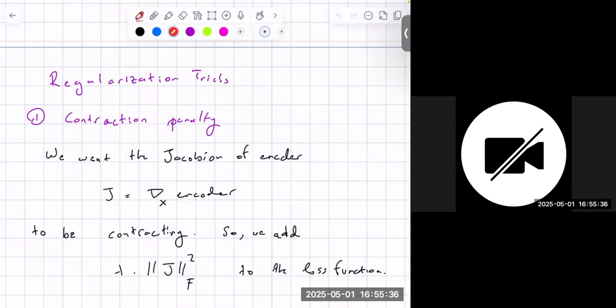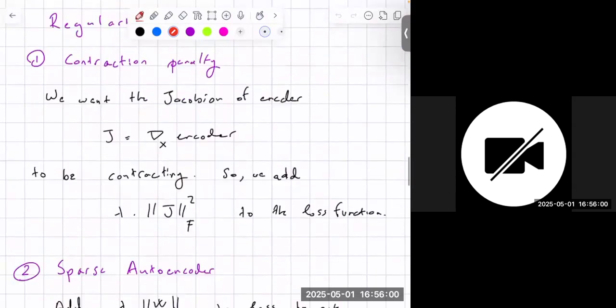Your encoder is a neural net, so the first matrix that comes to mind is the gradient. You'll have a Jacobian matrix, and that's exactly what you penalize. And this is already computed by your architecture, so it doesn't give you extra computational overhead. This turns out to be a decent trick to regularize autoencoders. Okay, that's the first trick.